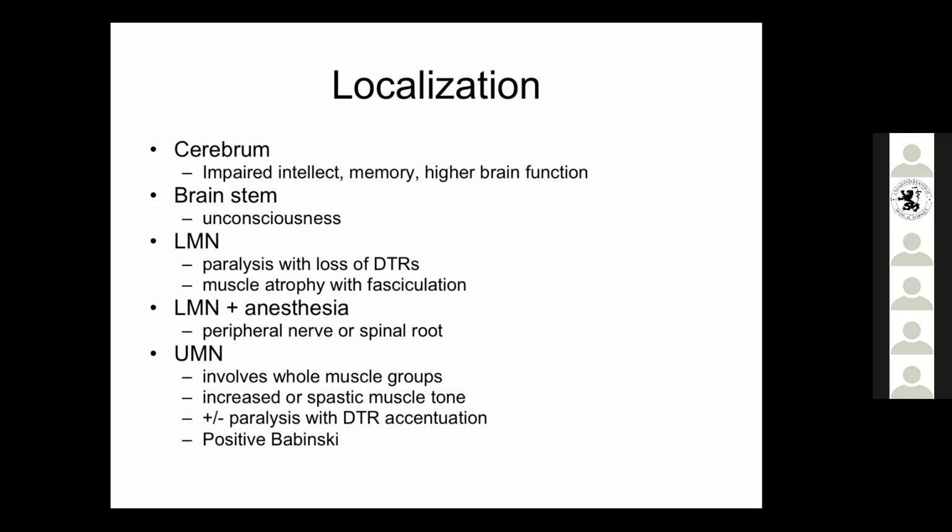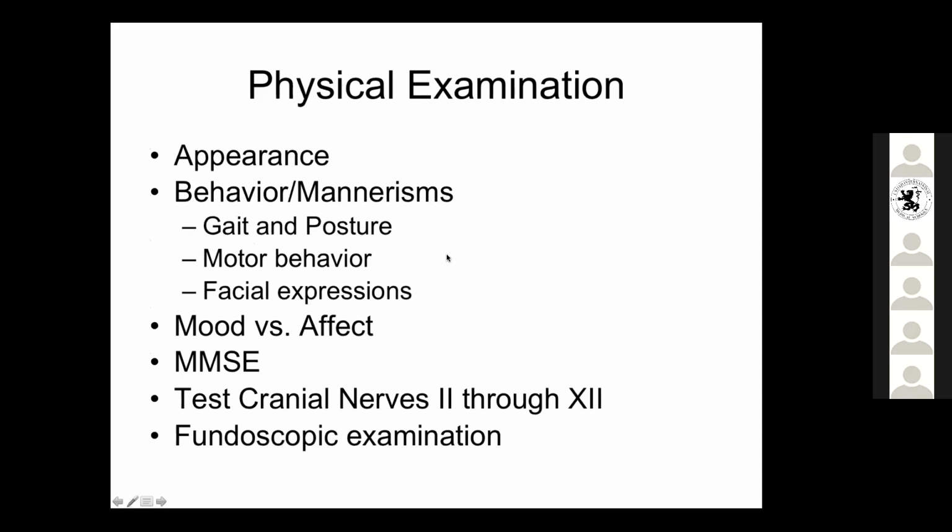If it's a problem within the motor neurons, then we would see that there is a problem with the motor function. If it's an upper motor neuron, we would see increased or exaggerated reflexes, like a positive Babinski sign. Whereas if it's in lower motor neurons, we would see diminished or absent reflexes. In upper motor neuron lesions, we see spastic paralysis, but in lower motor neuron lesion, we see flaccid paralysis and fasciculations or fibrillations of muscle groups.